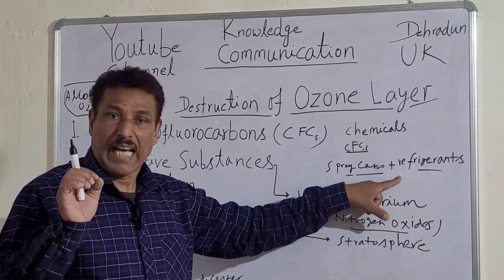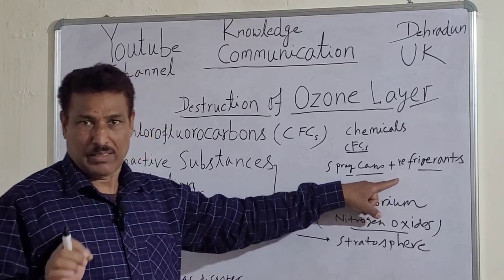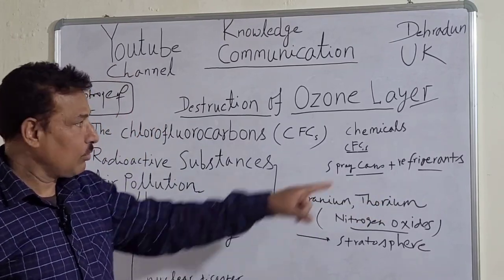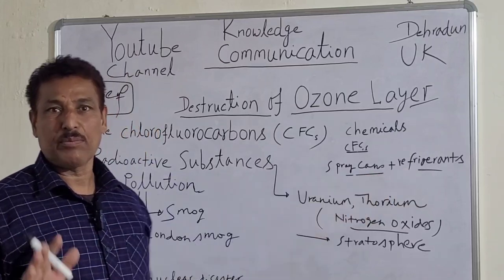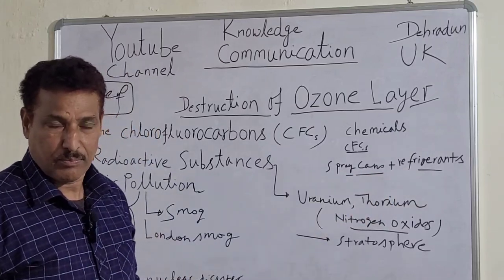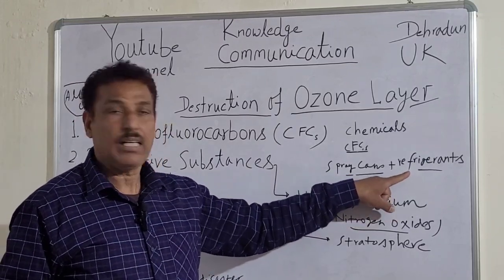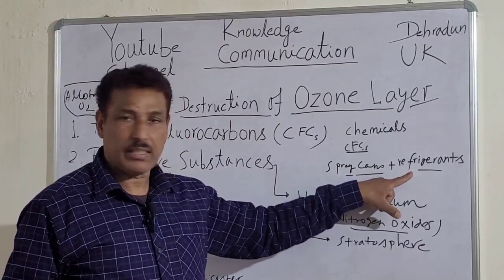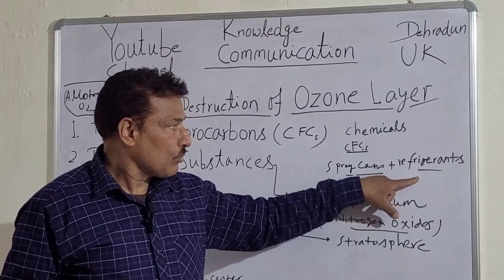Refrigerants enable the refrigerator to do its work properly. Without a refrigerant, your refrigerator is not going to give you any result. So that is a very necessary ingredient of the refrigerator, and that is termed refrigerants.